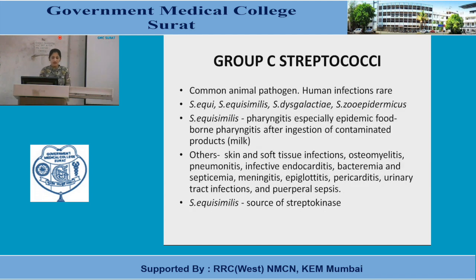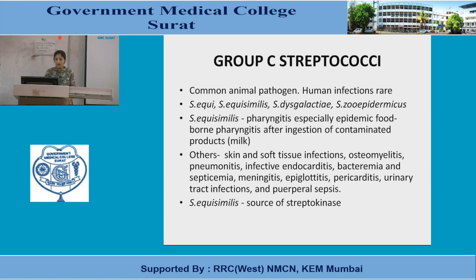Now another group is group C streptococci, which is common in animals, and human infections are very rare. Some species of this group C streptococci are Streptococcus equi, Streptococcus equisimilis, dysgalactiae, and zooepidemicus, which produce pharyngitis, especially epidemic foodborne pharyngitis after ingestion of contaminated milk.